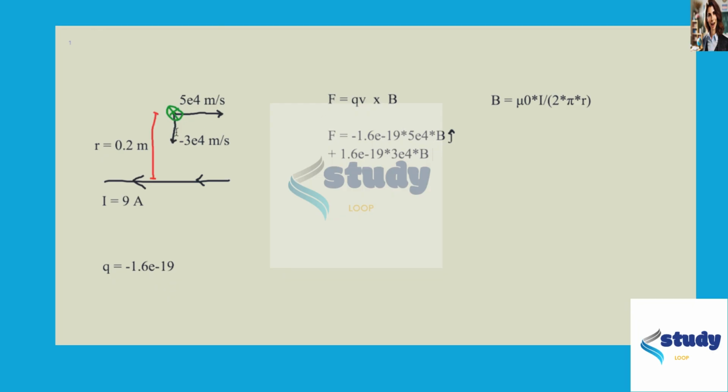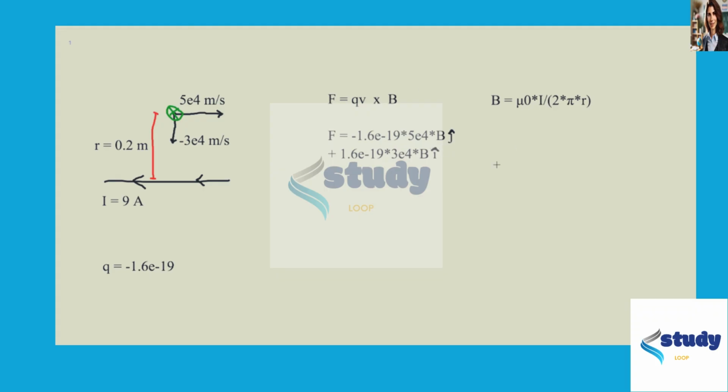Again, we're taking the cross product of the velocity, which is down, and the magnetic field, which is into the page. QV is down, crossing that into the page is going to give us something to the right, which is the positive i hat direction. So that's going to be this right here.